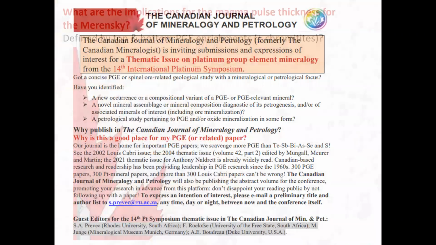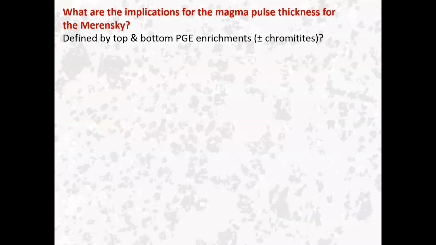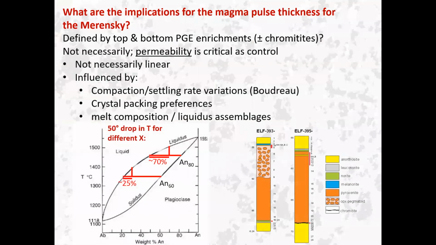I think it works best if there's a thermal contrast there. As long as you have a permeability contrast, I think you could create the top PGE enrichment contact, and then there can still be more magma from that same event above. So that's how I reconcile it, by bullshitting.